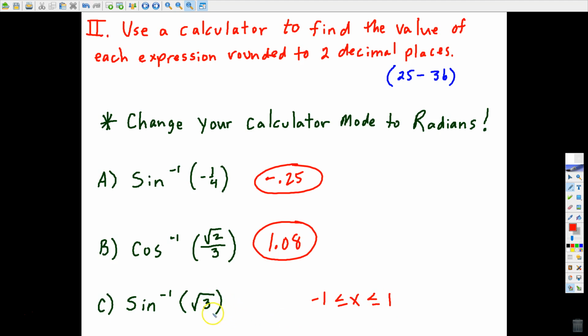And the square root of 3 is like 1.7, which doesn't fall within this set of numbers. I was going to say range of numbers, but I didn't want to confuse you. It's the domain, but it doesn't fall within this set of numbers. Therefore, that is not possible for inverse sine. It's got to be an input taken from this set of numbers.